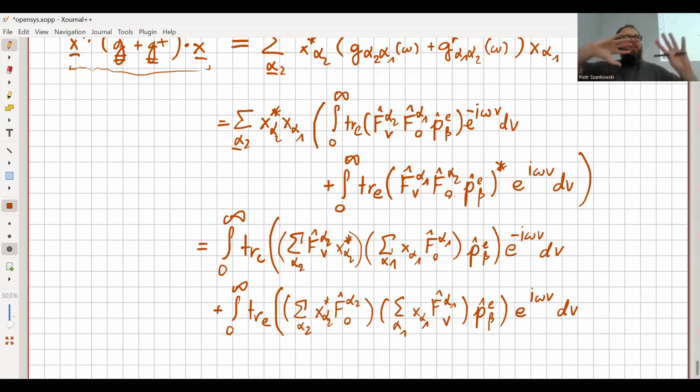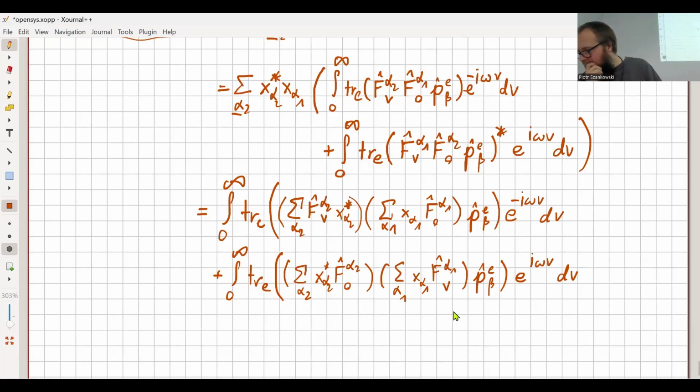I can use the star to exchange the order of operators under the trace, and I can use also what the S used here, and I can change the names of variables if I want to.